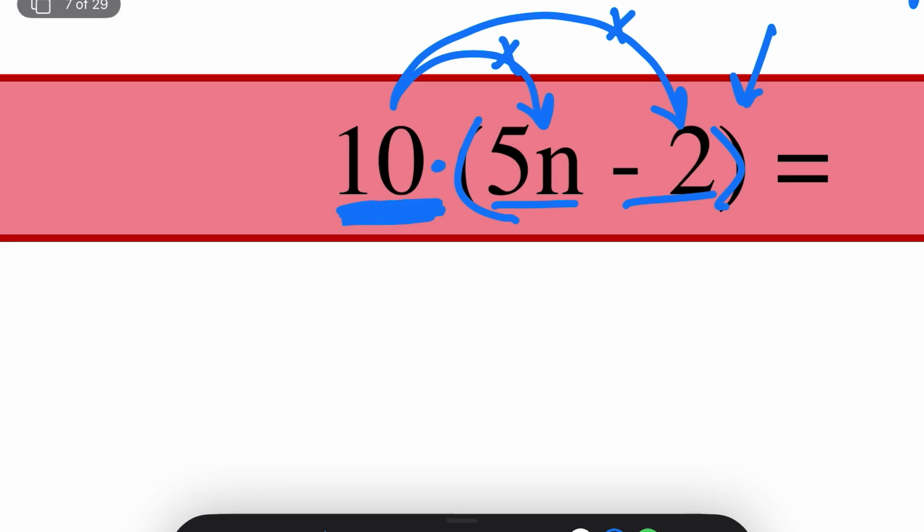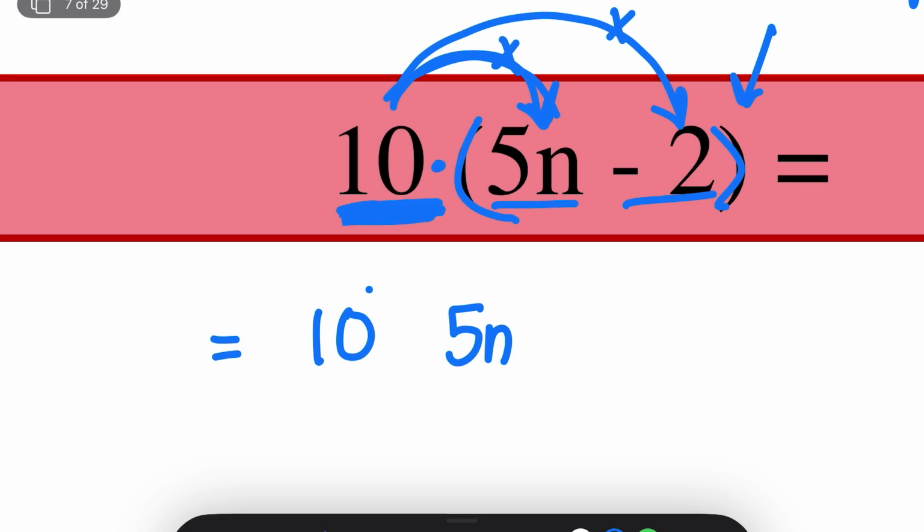So the first step is to distribute. I'm going to list out the steps in a minute, but for now let's do this one directly. The first step is to distribute the number. So it's going to be 10 times the 5n. In algebra, to multiply two terms, we don't put times in between.